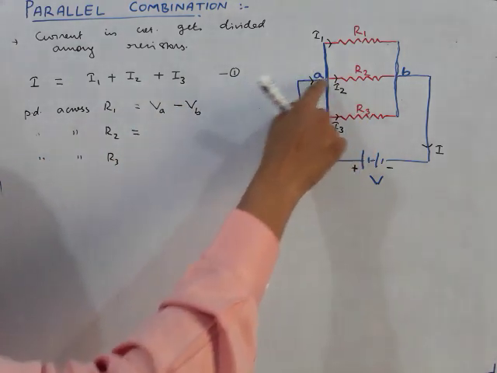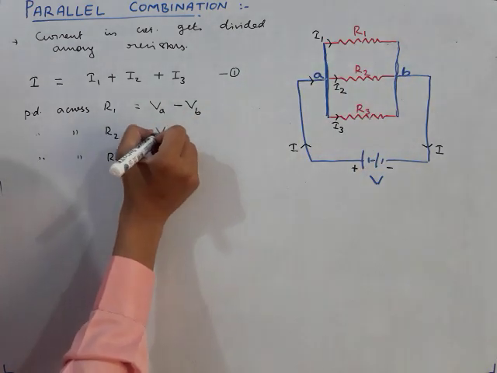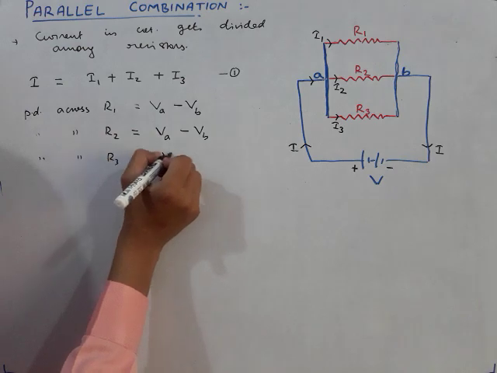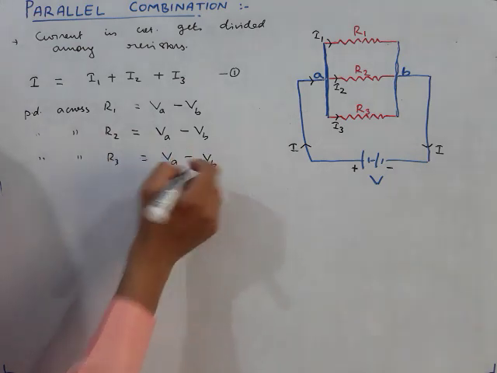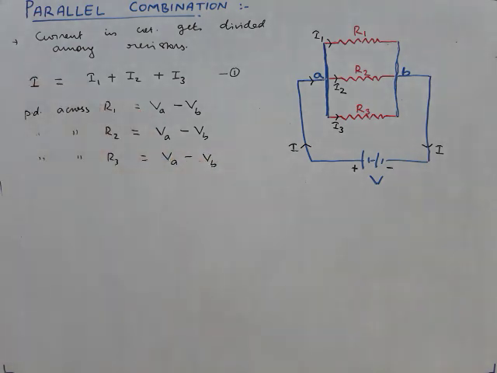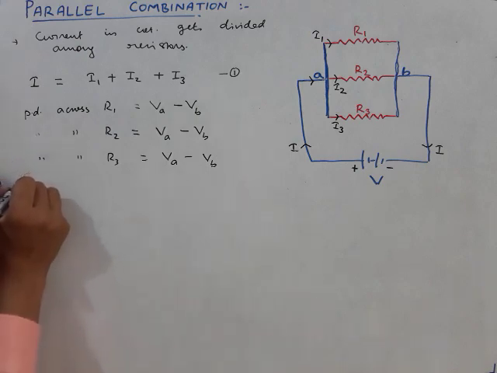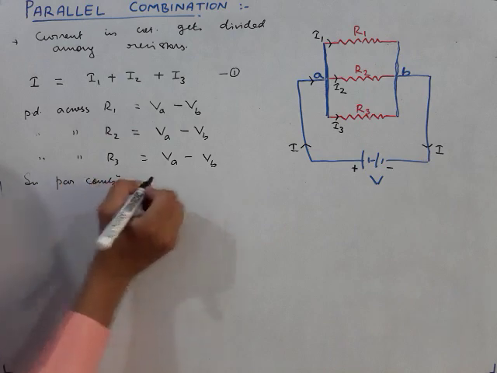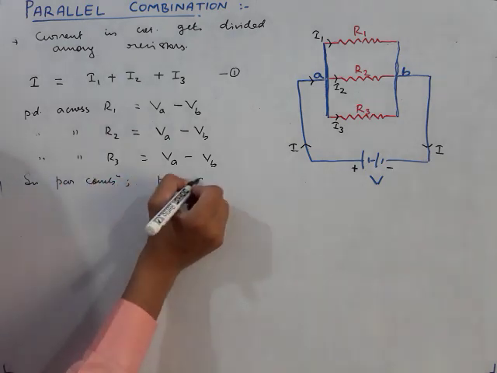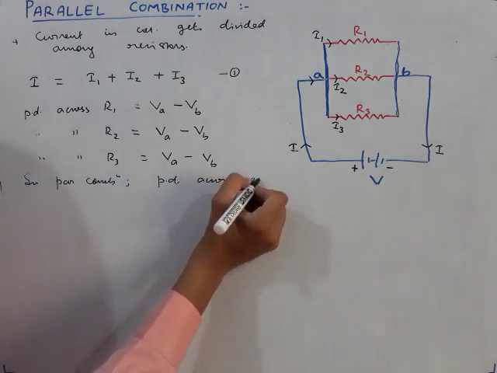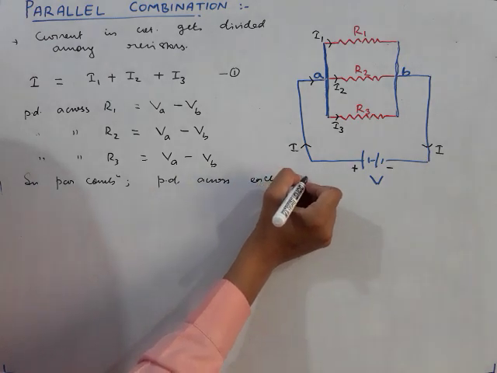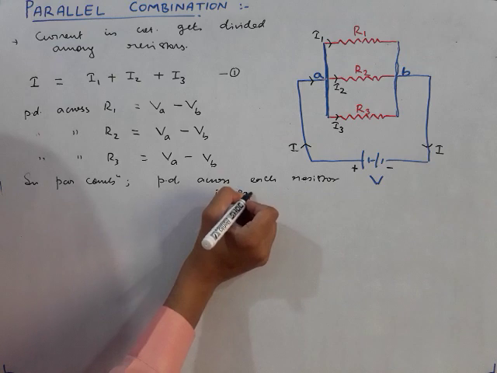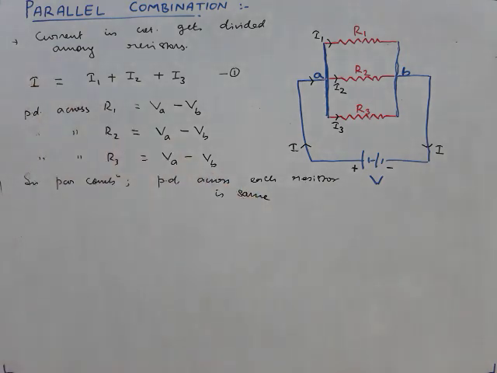Same, because R2 is also connected between the same 2 points. So I will write VA minus VB, and this also will be VA minus VB. What does this mean? This means that in parallel combination, the potential difference across each resistor is the same. Is it clear, students?